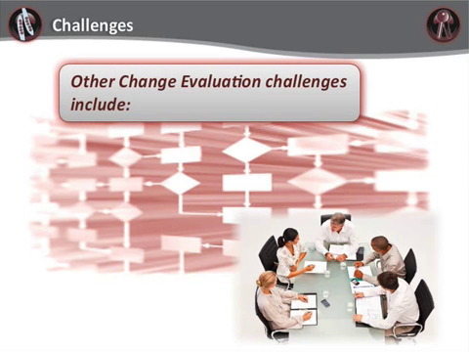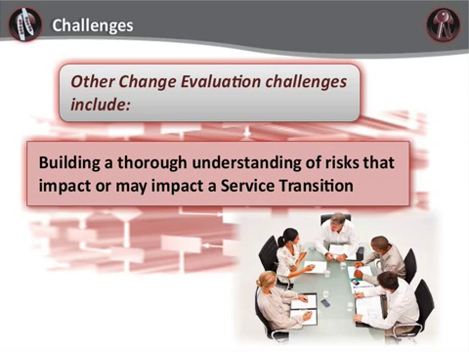The last two challenges for the change evaluation process are also related to risk. The seventh challenge is to build a thorough understanding of risks that impact or may impact a service transition. Risk is defined as unpredictability of outcome, so the organization and the evaluation process need to develop a way of predicting risk accurately.